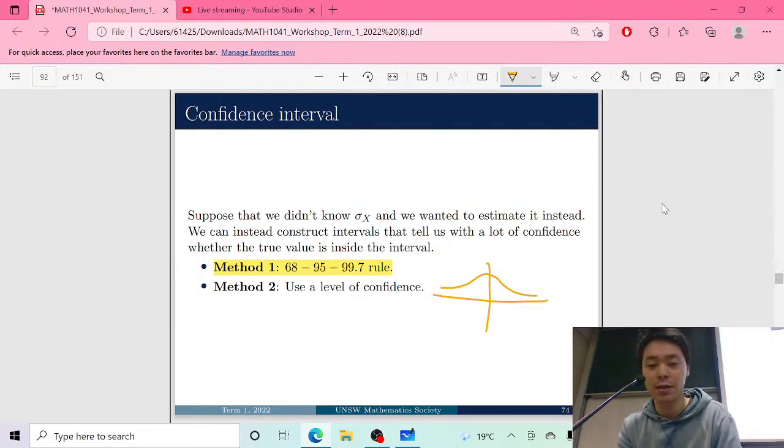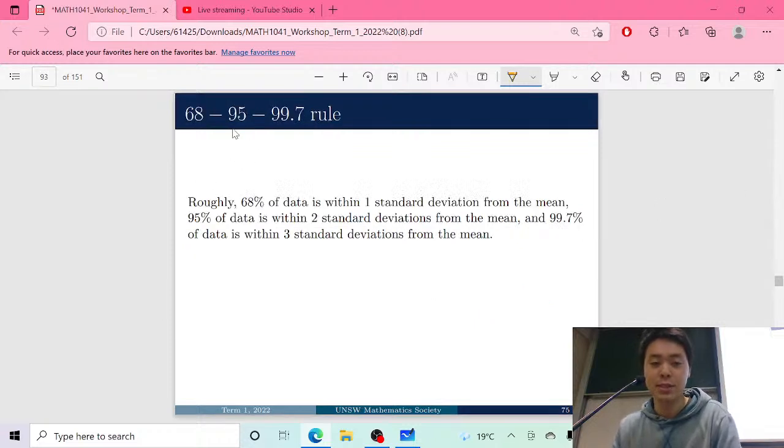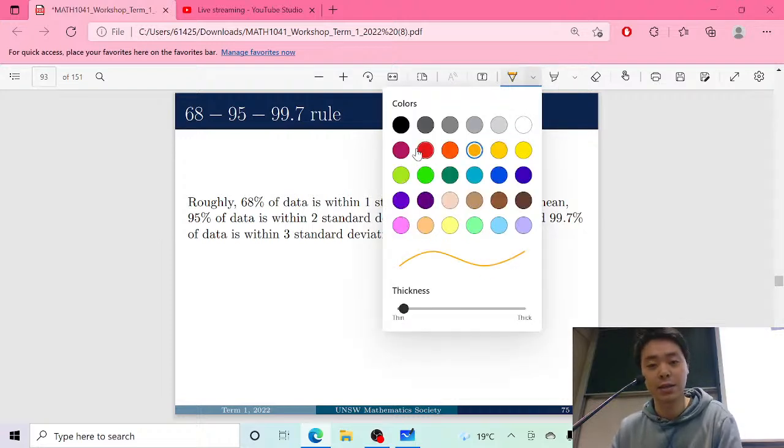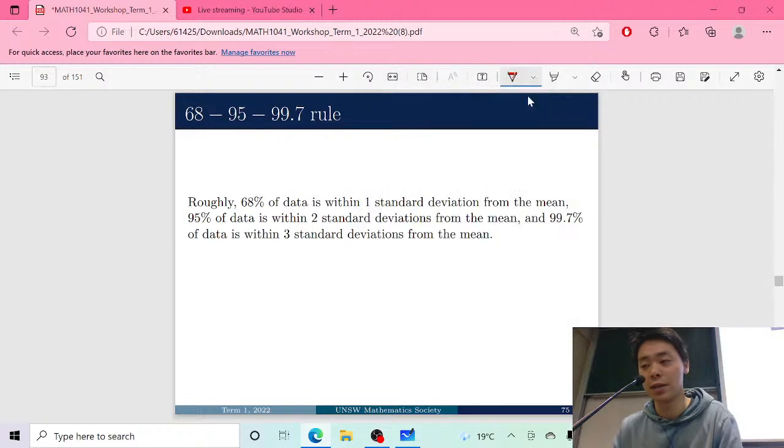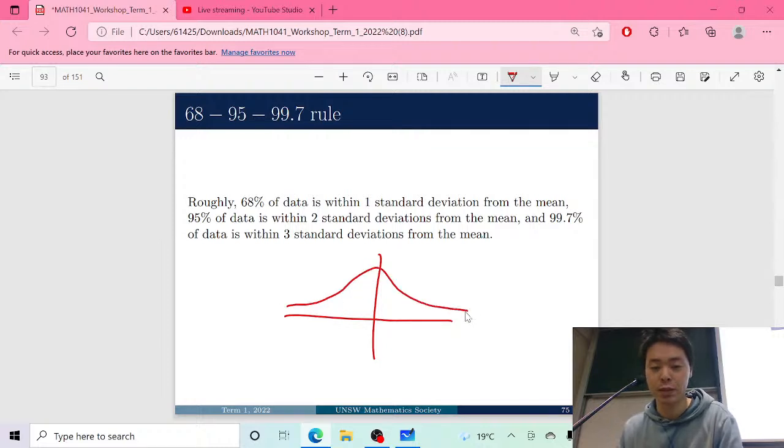So let's have a look at the first method. The 68, 95, 99.7 rule basically says that 68% of data is within 1 standard deviation, 95% of data is within 2 standard deviations, and 99.7% of data is within 3 standard deviations. So if I consider a normal distribution and some mean, then if I consider all of the points inside 1 standard deviation, we're going to have roughly 68% of data inside here.